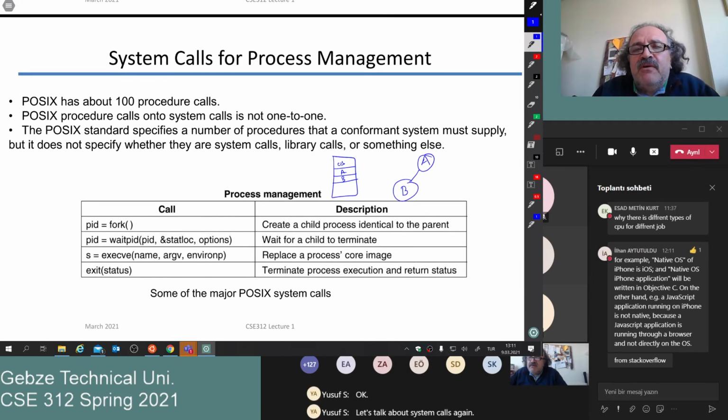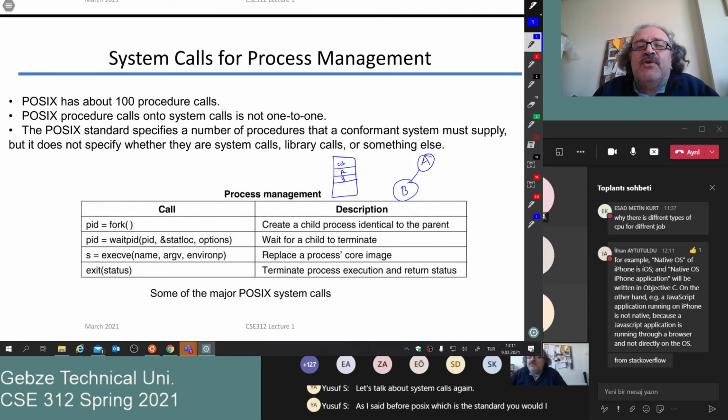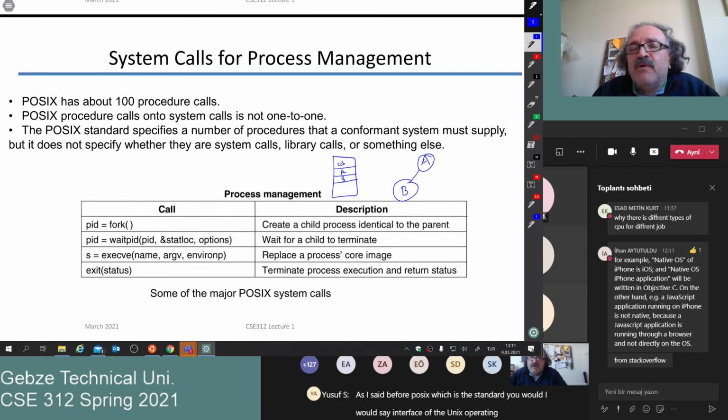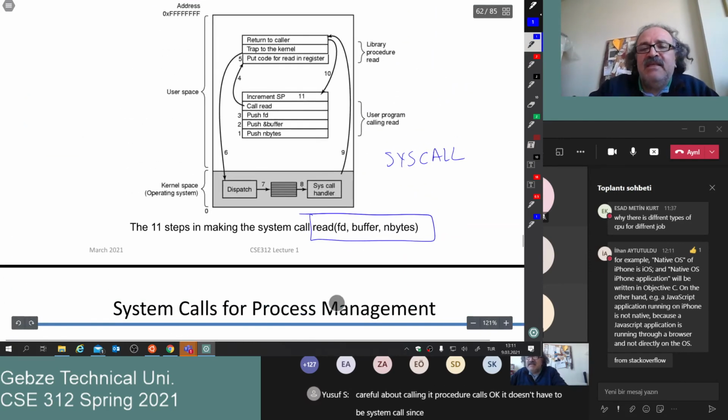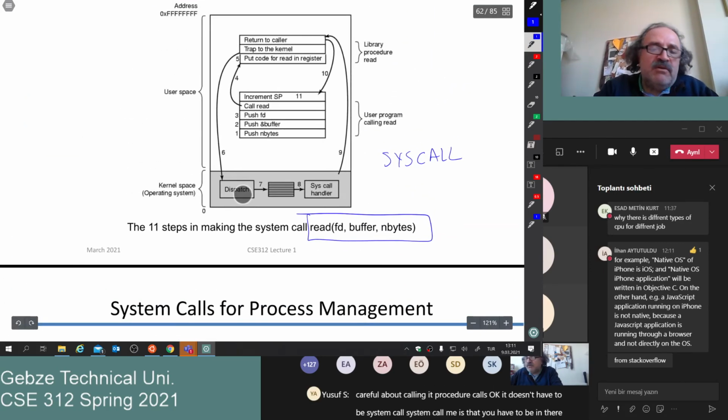As I said before, POSIX, which is the standard interface of the Unix operating systems, defines 100 procedure calls. See, they are very careful about calling it procedure calls. It doesn't have to be a system call. System call means that you have to be in the kernel space.